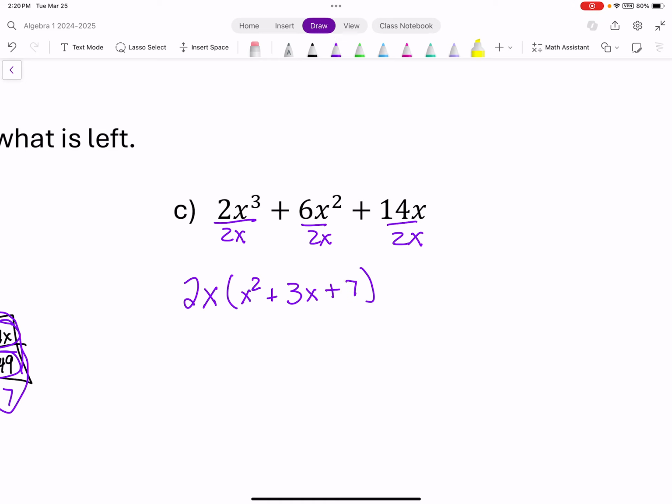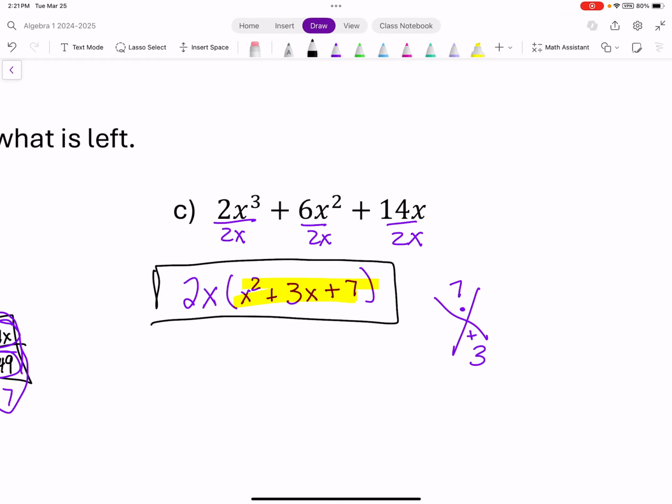If I look at factoring this, I would want numbers that multiply to 7 and add to 3. So actually, this one doesn't have two methods. I might have made a typo on it, but this would be your final answer. You cannot factor the highlighted part inside anymore, and so we just leave it at that.